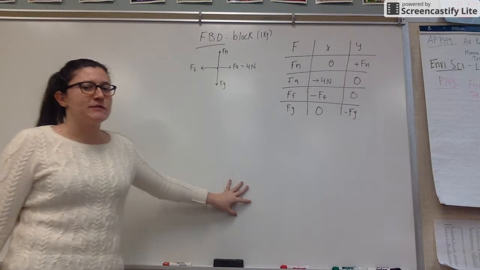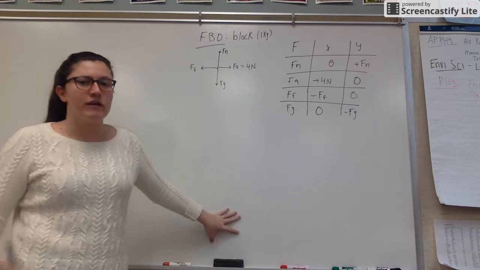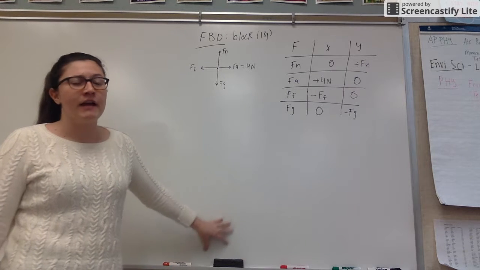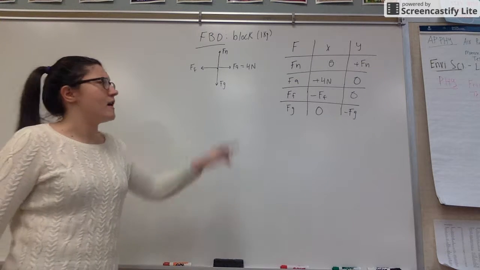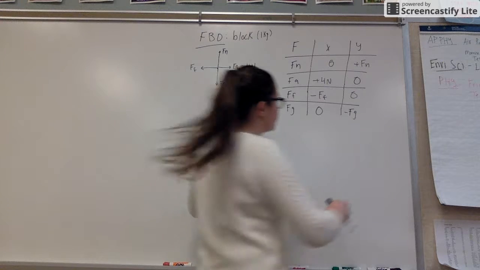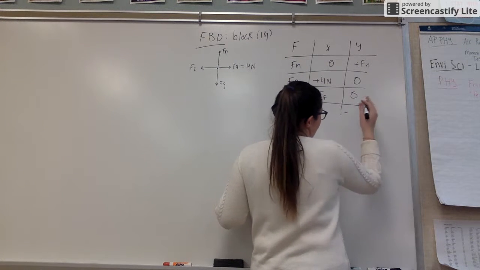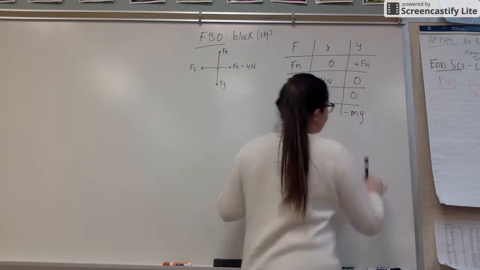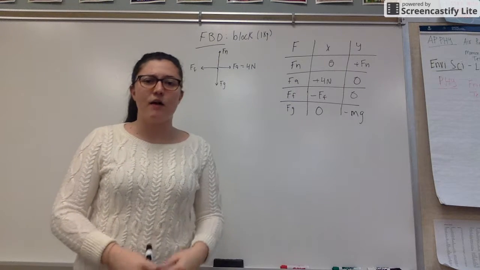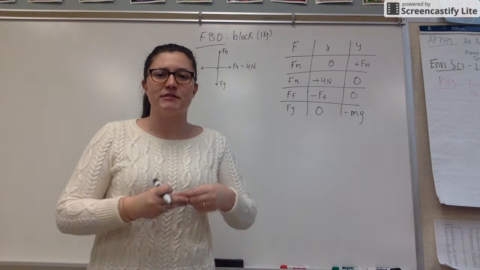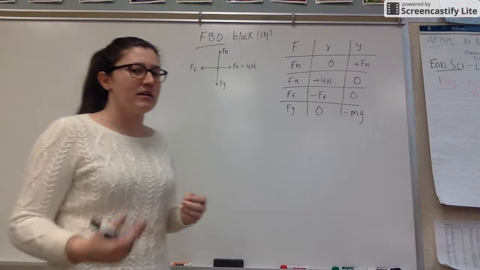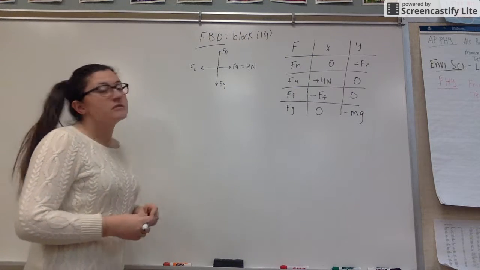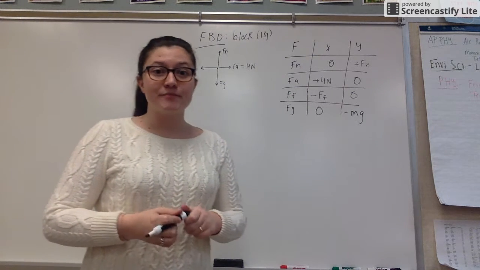In the y, we have the force of gravity acting down. Right now I'm going to substitute in mg for the force of gravity on my force chart. We should be used to doing this by now. We know that the force of gravity is mass times gravity, again negative because down. So our object is moving, right?